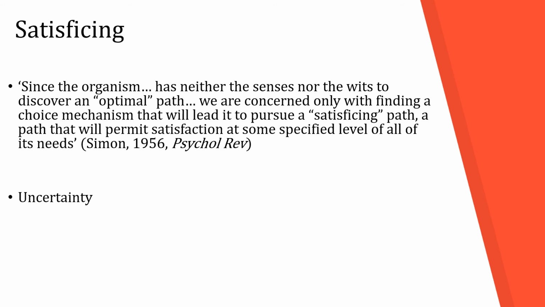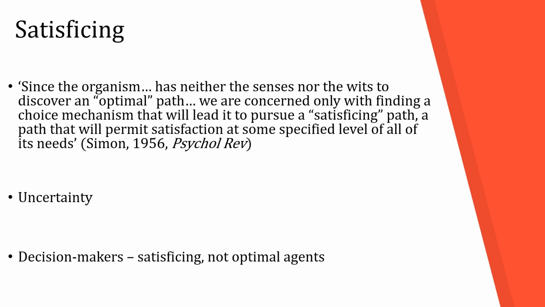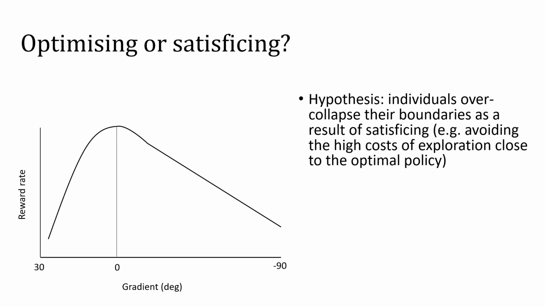So under this view, decision makers do not act as optimal agents, but rather satisficing agents. So, the satisficing account rests on the assumption that individuals settle for a policy which yields good enough levels of reward rate, because the costs and risks of further exploration might prove too great. That is, it is a risk avoidance strategy.